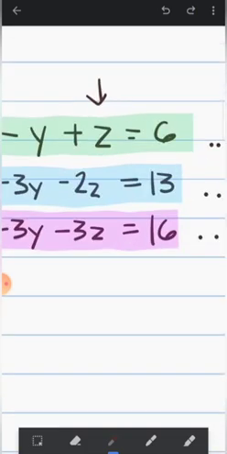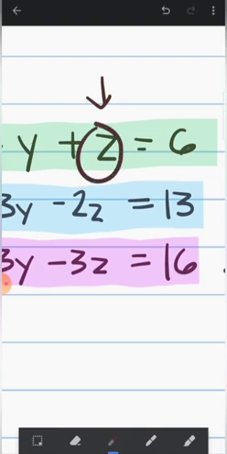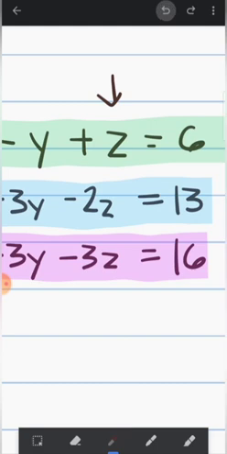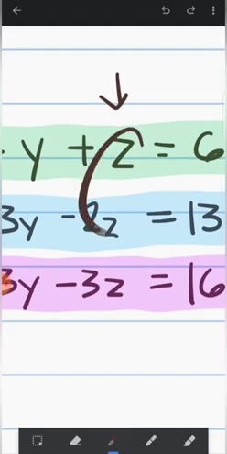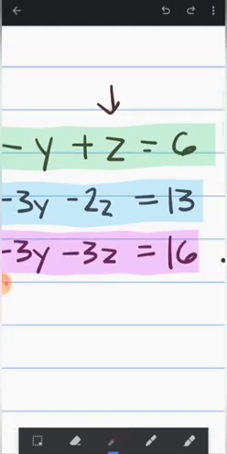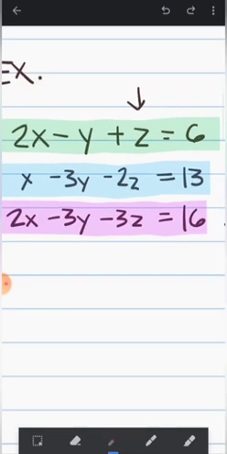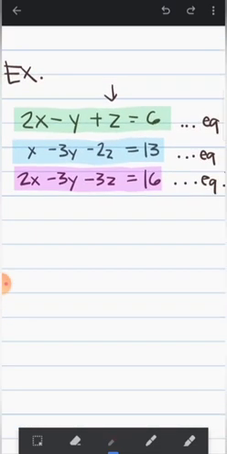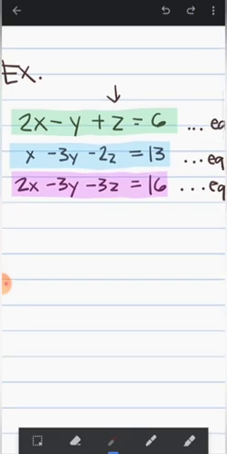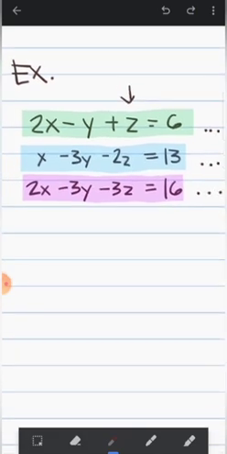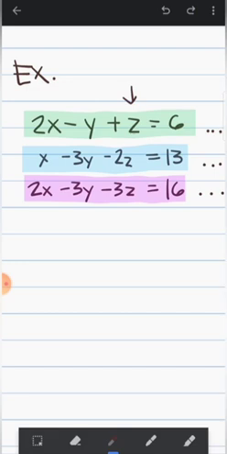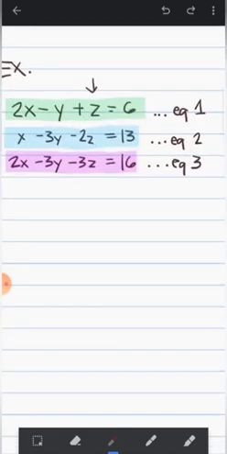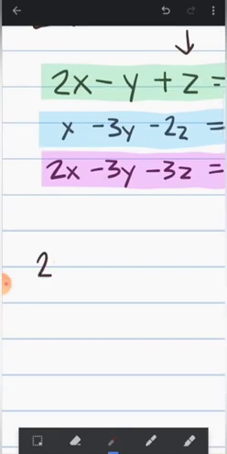As you can see, if only the coefficient of z were 2, I could cancel out the z variable, right? If this is 2z and this is negative 2z, I can cancel out z and I'm left with x and y. So, what should I do? To answer your question, we should multiply equation 1 by 2.